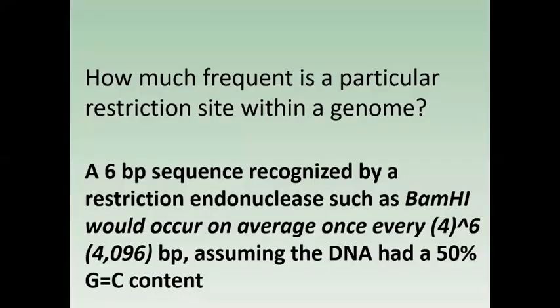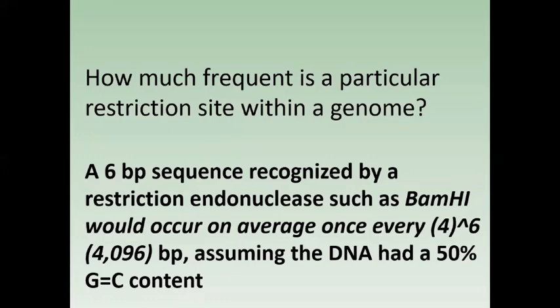Now there is a question: how frequent is a particular restriction site within a genome? This depends on how long your recognition sequence is. For example, in the case of BamHI, it is a 6 nucleotide sequence that this enzyme can identify.